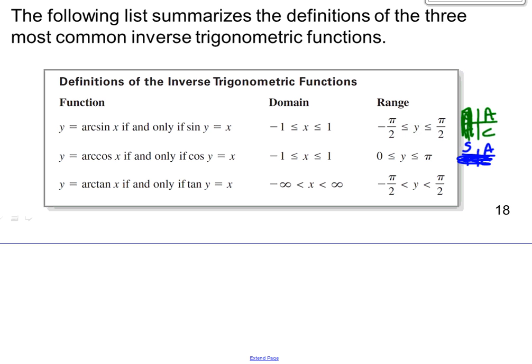Notice that the arc sine and arc cosine go from -1 to 1, and their ranges are a little different. Notice that the arc tangent goes from -infinity to infinity. Remember when we did the arc sine of 2, that was not possible because that wasn't in the domain.